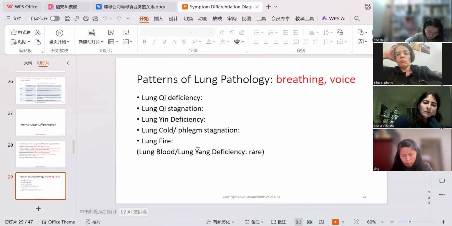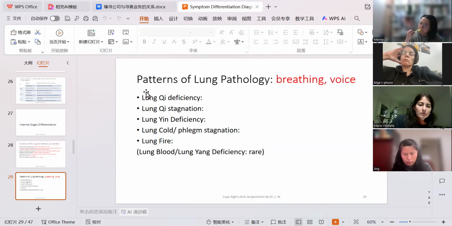So for me, how to identify that this is to do with a lung condition or pathology: the key symptoms, the most common ones, are these two, breathing and voice. And these are the most common patterns.